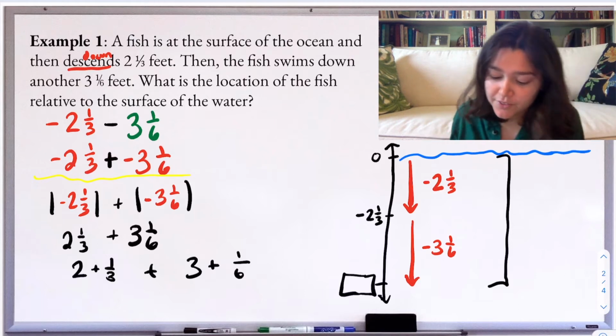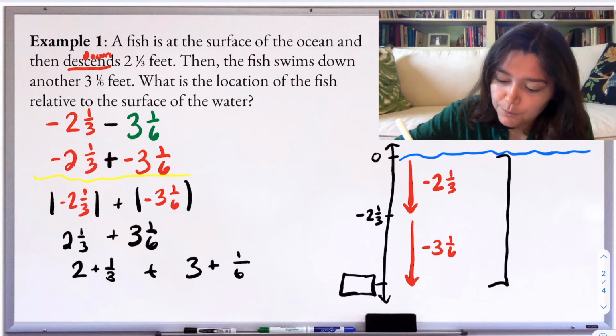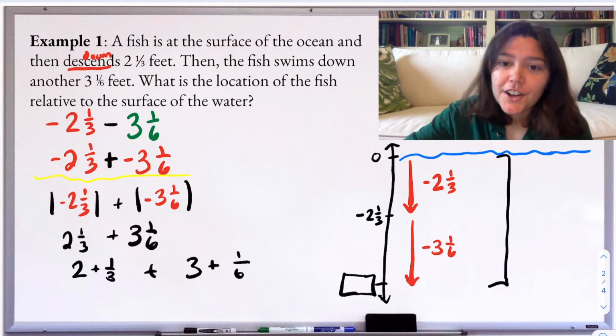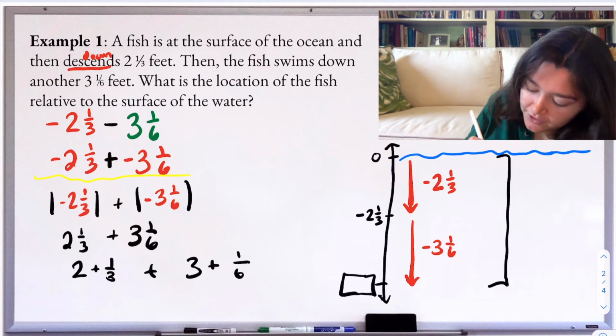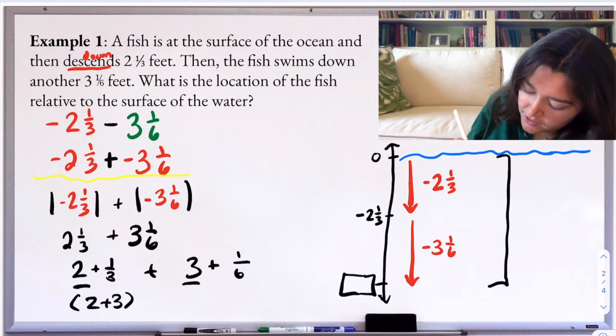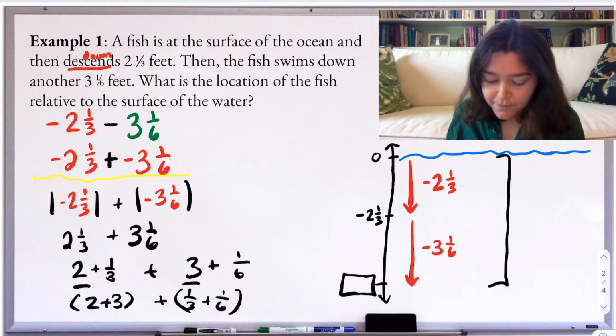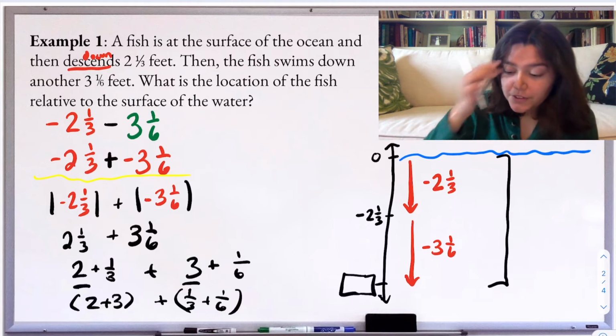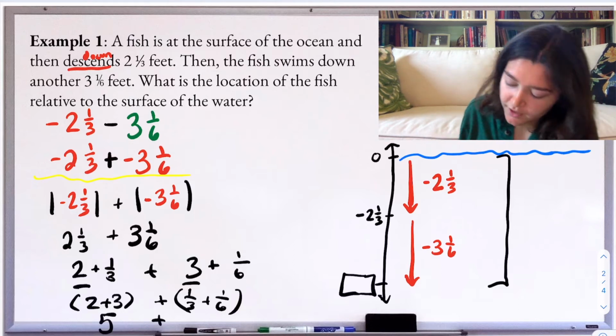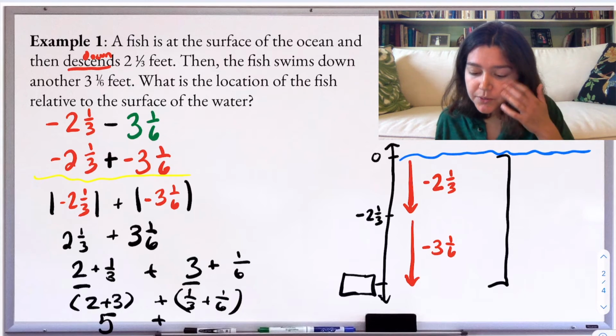So I'm just going to get rid of them. I can combine the whole numbers together and then the fractions together. So I can do 2 plus 3 and then 1/3 plus 1/6. That's the same thing. 2 plus 3 is equal to 5. And then we need to figure out what's 1/3 plus 1/6.